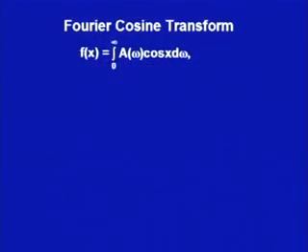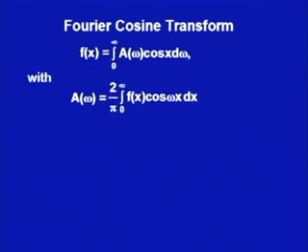So, f(x), by the Fourier integral, can be given as the integral from 0 to infinity of A(omega) cos omega x d omega when f(x) is even, with A(omega) as 2 upon pi times the integral from 0 to infinity of f(x) cos omega x dx.